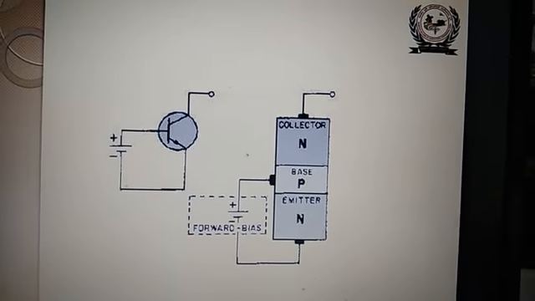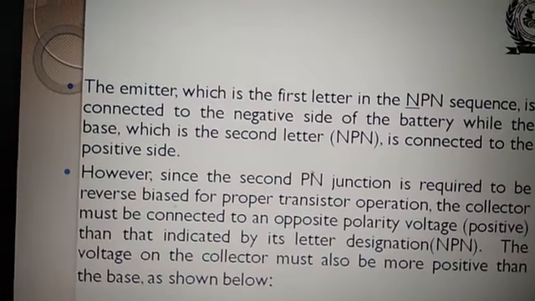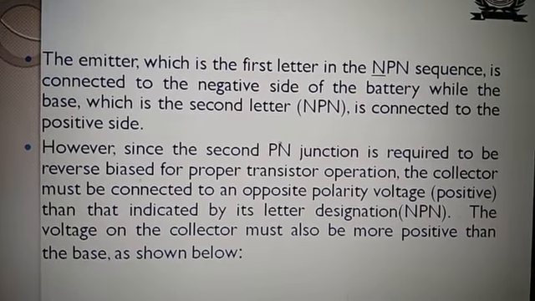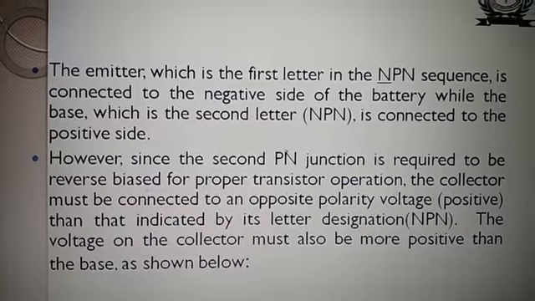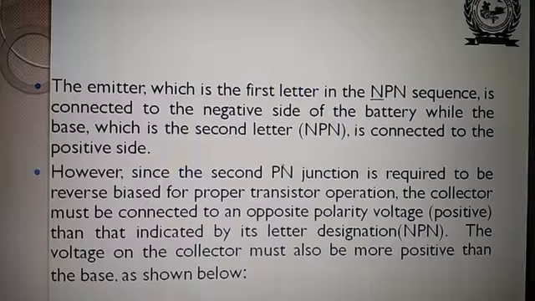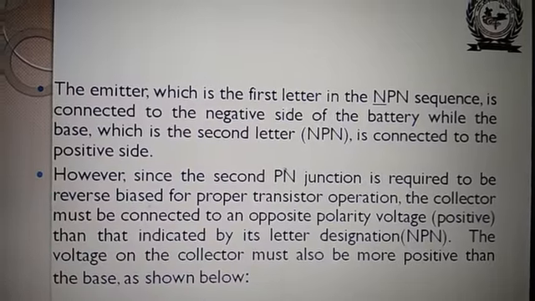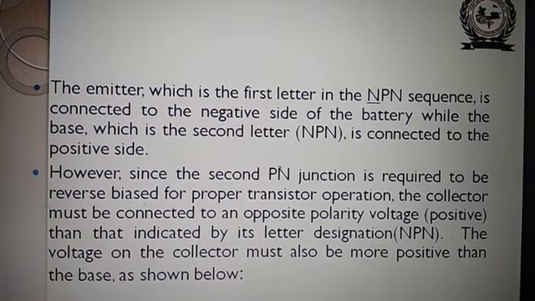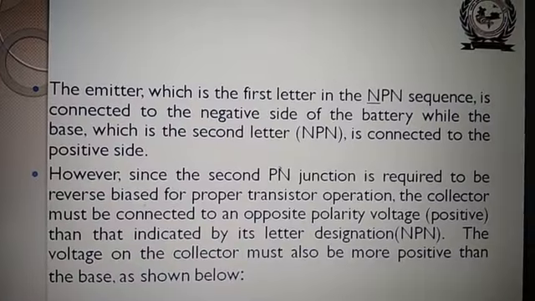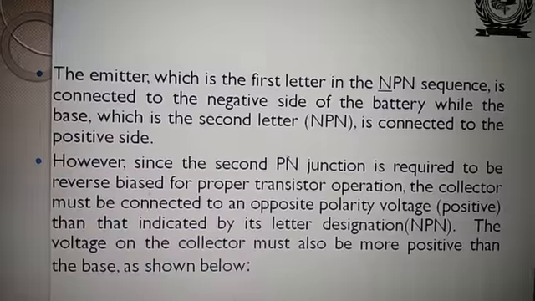So this is the connection of the transistor. The emitter, which is the first letter in the NPN sequence, is connected to the negative side of the battery, while the base, which is the second letter in NPN, is connected to the positive side.